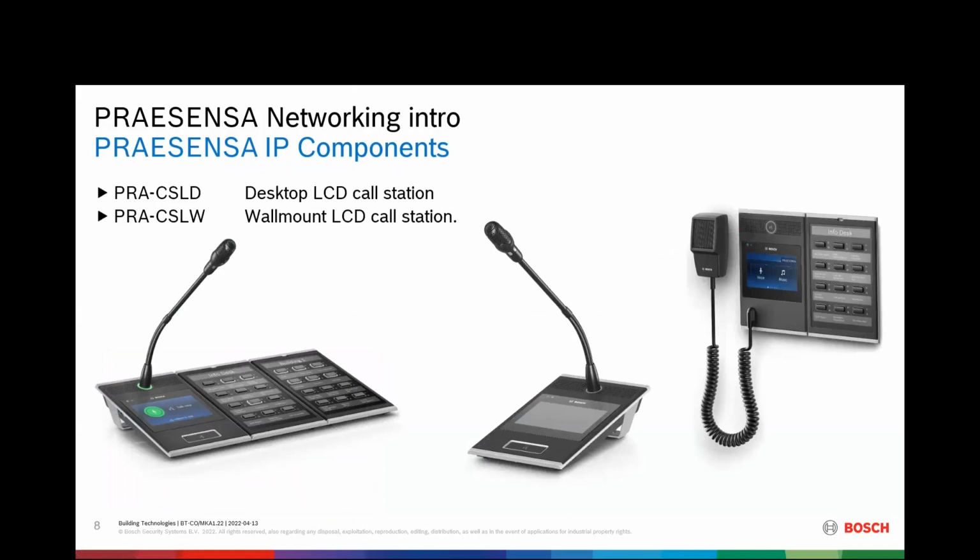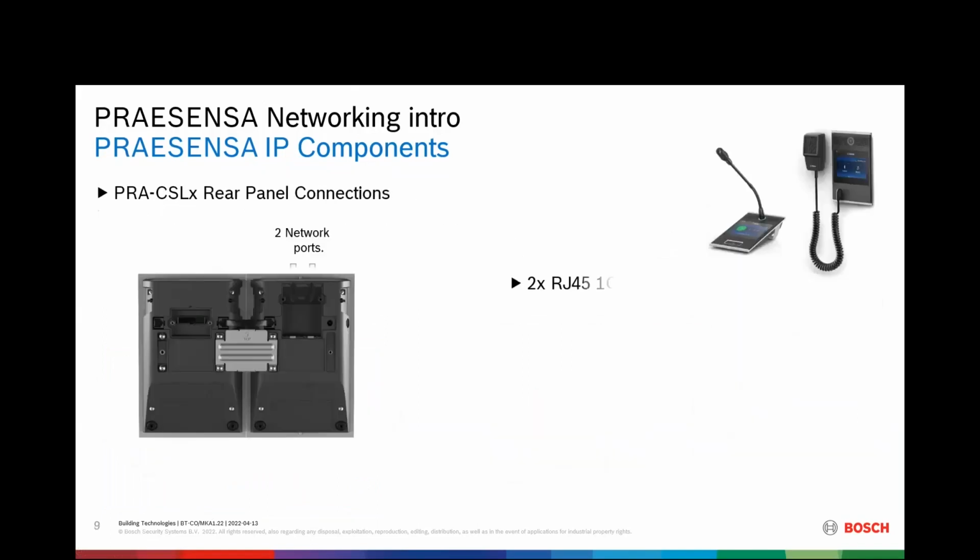Another component in PRAESENSA is the call station. We have a desktop call station, the one with the gooseneck microphone here, and we have a wall mount call station. Both call stations, when you look at the rear side, also have Ethernet ports, and this is basically also a switch. So it has on the outside 2 ports, which you can connect to the network.